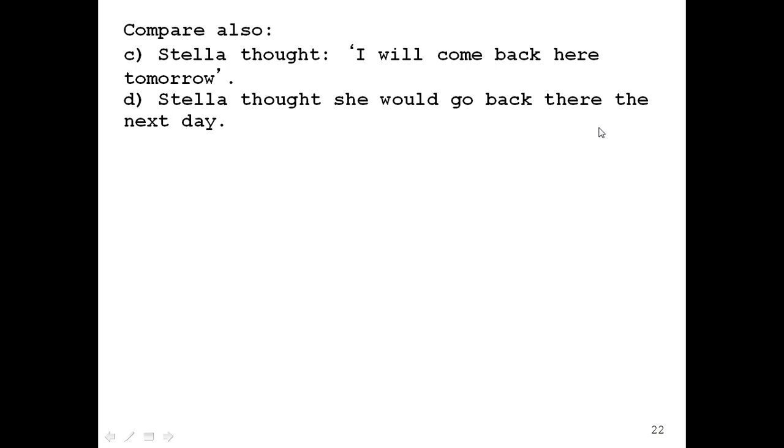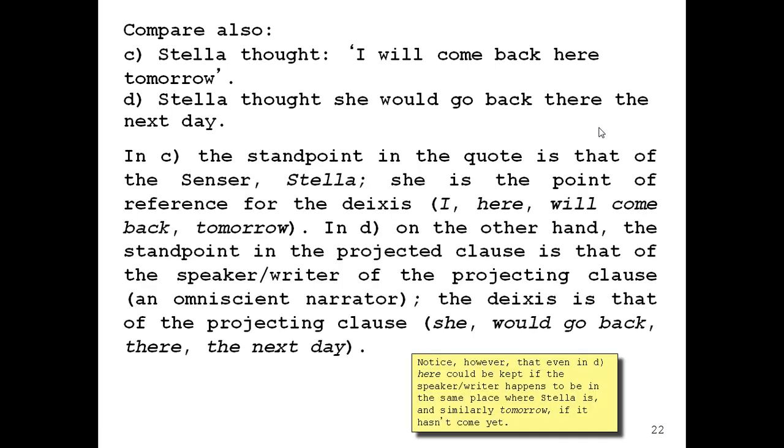It's a place, deixis of place. So yes, there are some cases in which you could have kept here, okay? If the speaker happens to be in the same place where Stella is, because the place doesn't change. Yeah, similarly tomorrow, even if I wouldn't be so sure, but yeah, it would be acceptable, perhaps not 100% well written, but it would still be acceptable.